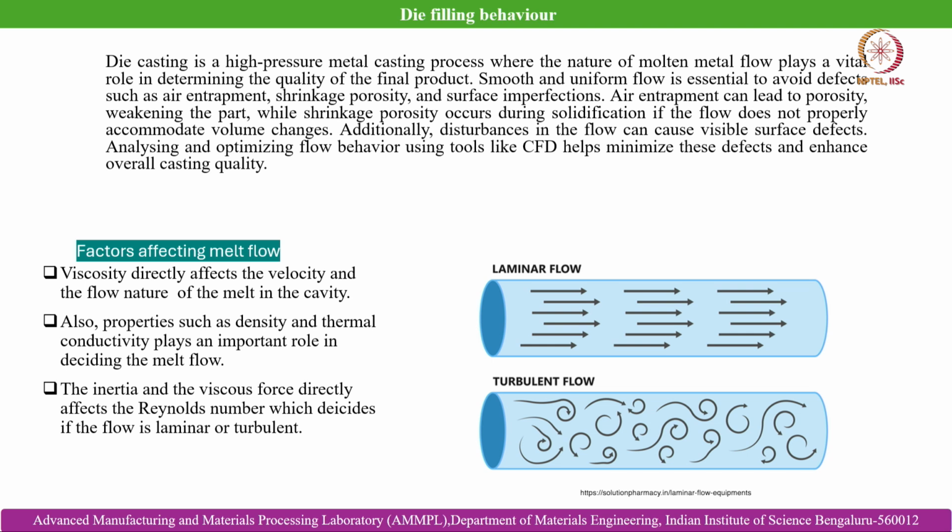And if there is too much turbulence during melt flow, especially in case of light metals, it can cause air entrapment, which can lead to porosity, and that can significantly damage the structural integrity of the resulting cast part.